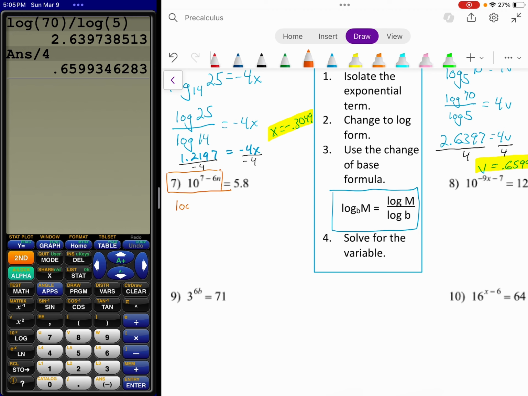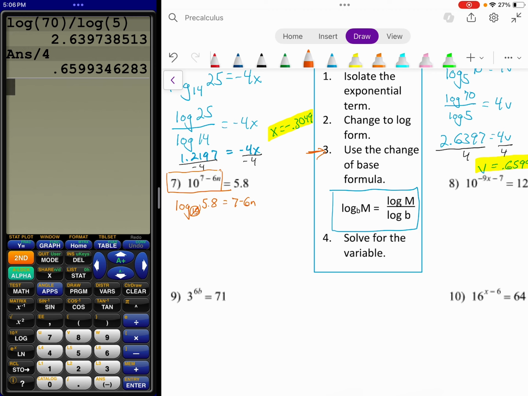This is log base 10 of 5.8 equals 7 minus 6n. Well, we don't need to do step 3 here because log base 10 is on our calculator. That's what log is. So we didn't really need to write this base 10 because log base 10 we could just write as log of 5.8. So we can just go ahead and put that in our calculator.